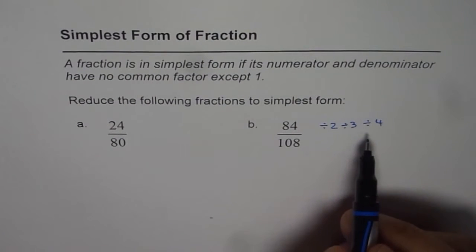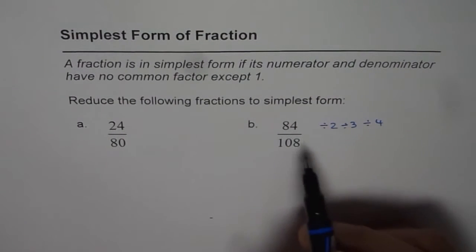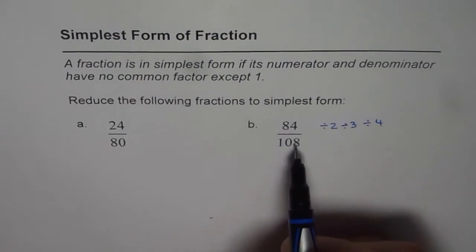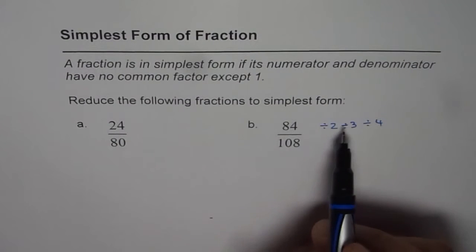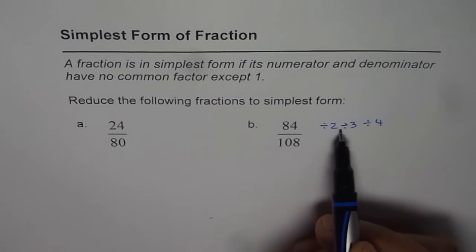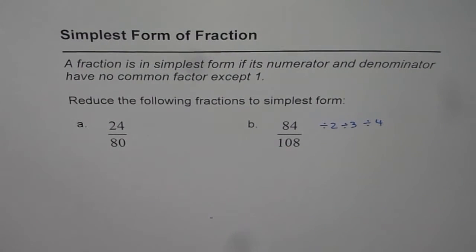So if you notice, 2, 3 and 4 are common factors for both numerator and denominator. Now, to write this in the simplest form, we have to divide by these common factors. Once we remove these common factors, then the fraction will be in the simplest form. That is the strategy. Do you understand?